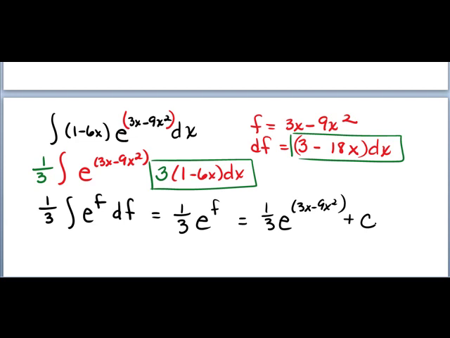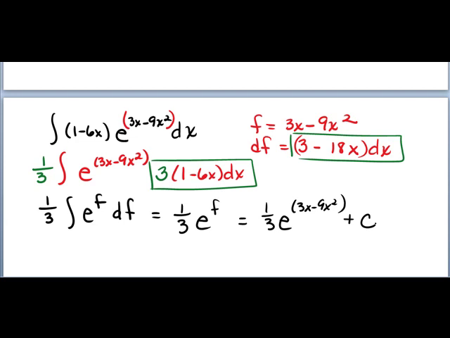And so again, the purpose of substitution is to get the most complicated stuff out of your problem, and then by doing that you are able to integrate as long as the df can be represented.